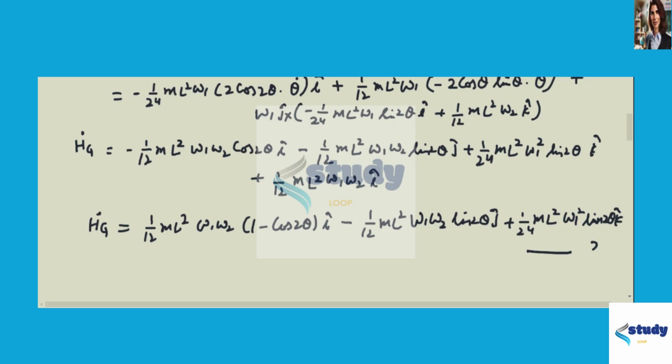Say equation number 2. Now we have to draw the free body diagram of the rod. X-axis, Y-axis.